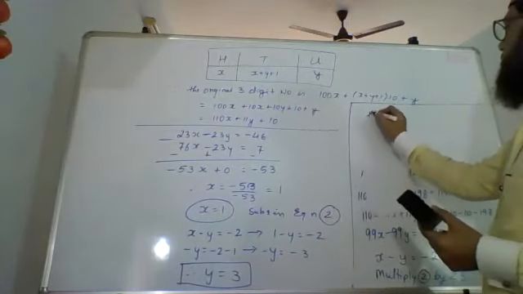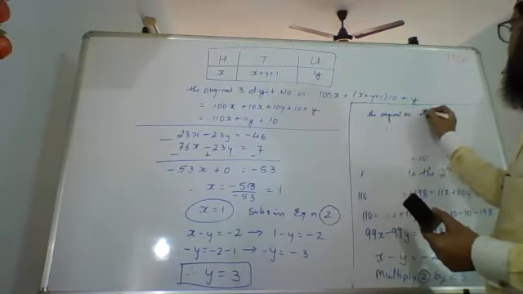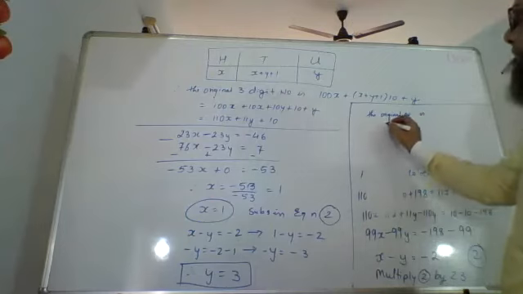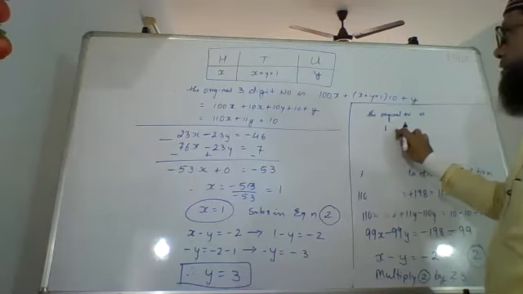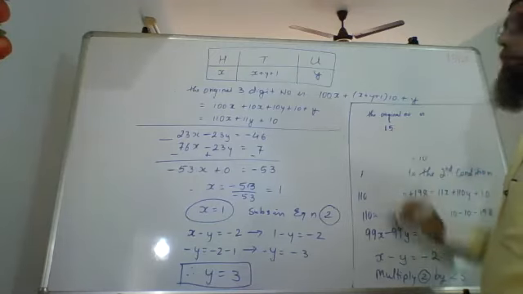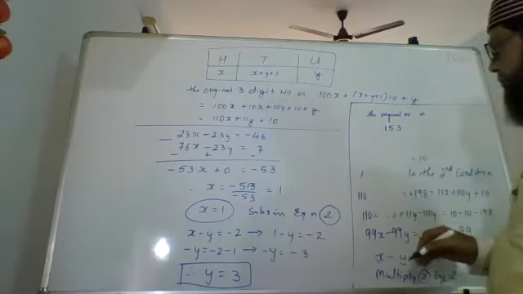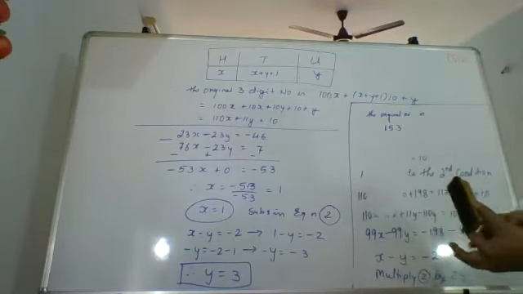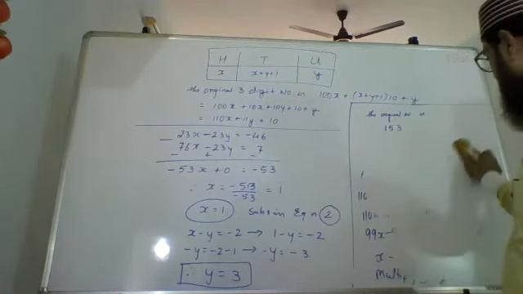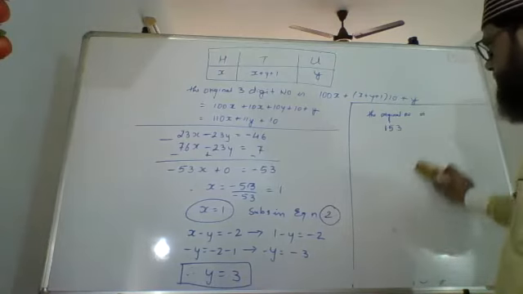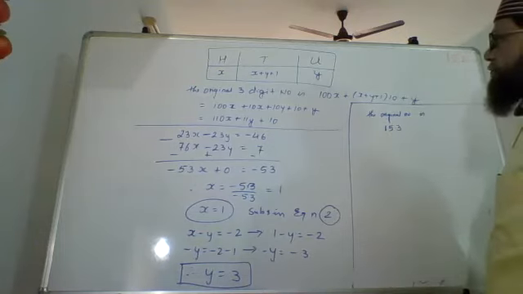Therefore, the original number is, for x, what is x? 1. y is 3. 1 plus 3 plus 1, 5. Isn't it? And the original number is 153. The original number is 153.